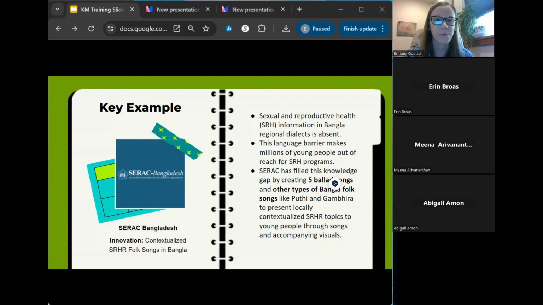So this is an example of how an innovative knowledge management or knowledge innovation can really advance and impact programming and really fill a gap and address a meaningful AYSRH topic and need.